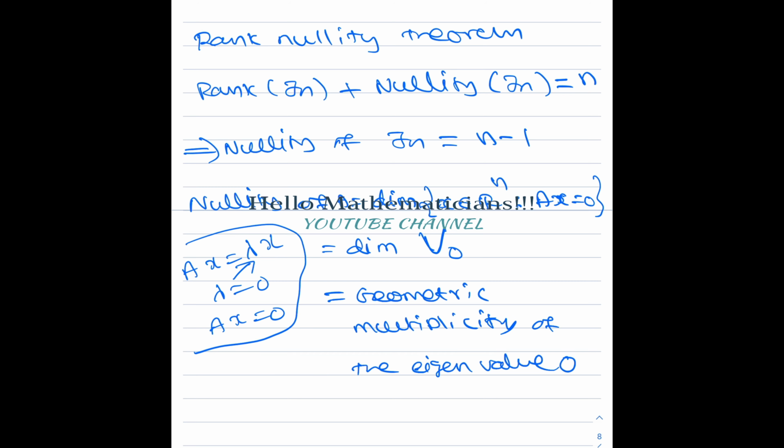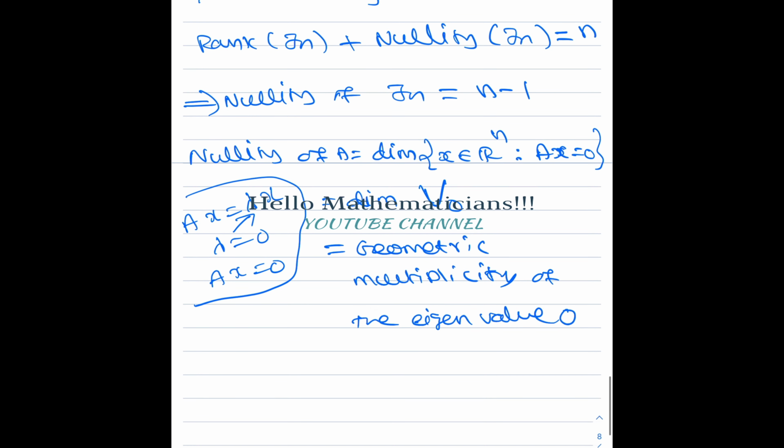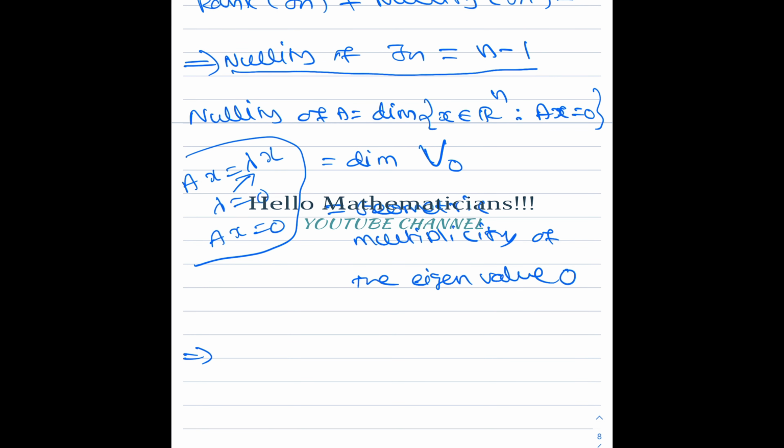So we already proved that nullity of Jn is n minus 1. This implies that the geometric multiplicity of 0 is equal to n minus 1.